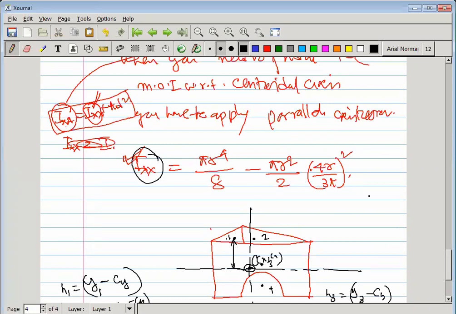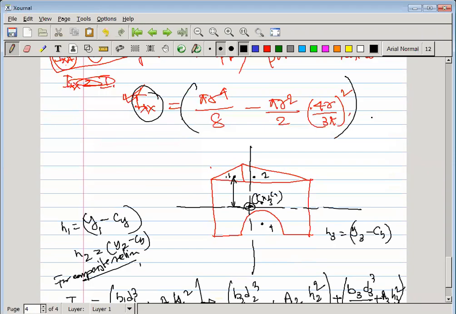So you have to write here this total portion. If we write it as A, how much will we get?